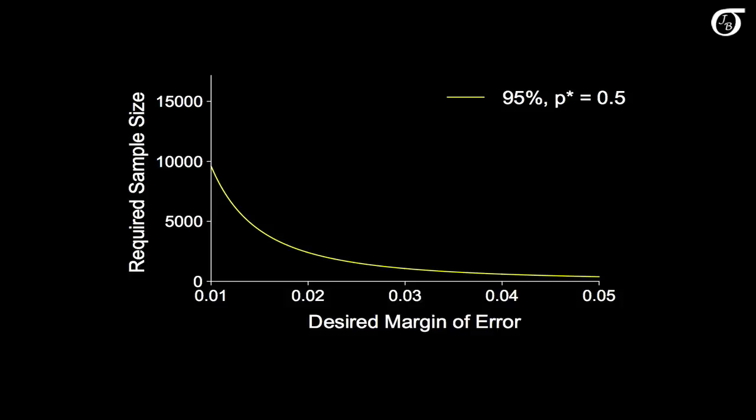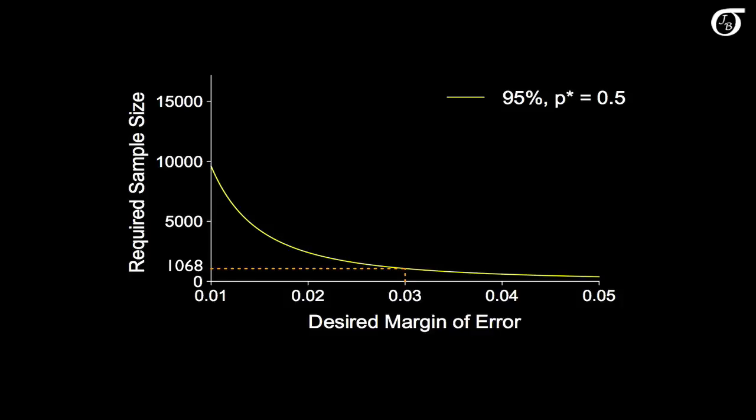In the first example, we had a desired margin of error of 0.03, and the minimum sample size required was 1,068. We needed to sample at least 1,068 people in order to estimate the population proportion to within 0.03. If we wanted to reduce the margin of error to 0.01, we'd have to increase the sample size to almost 10,000 people. This would cost a lot of money and time, so it's usually not worth the effort.